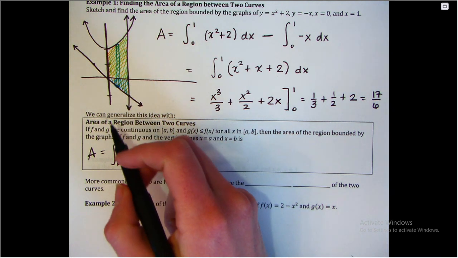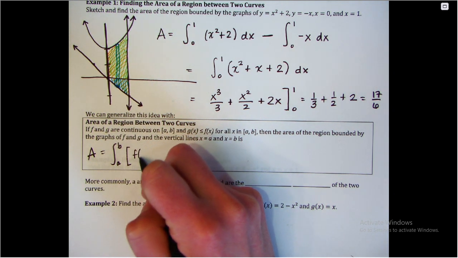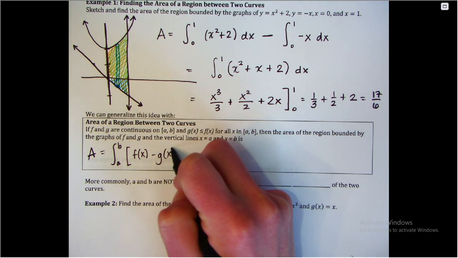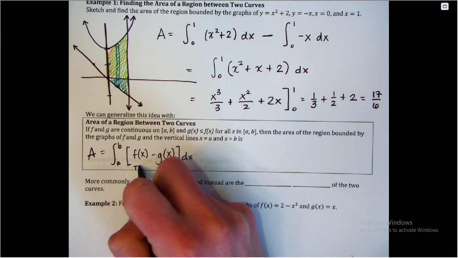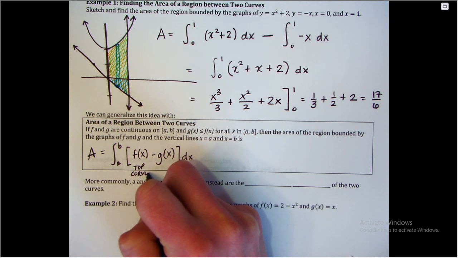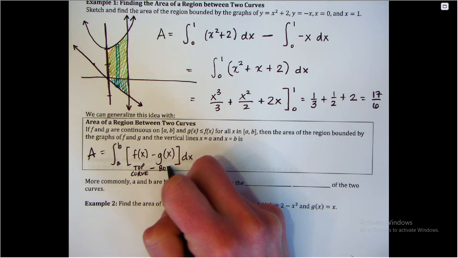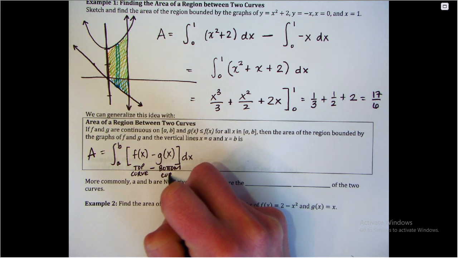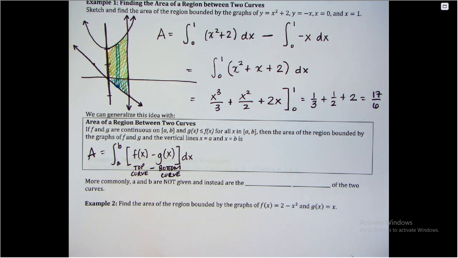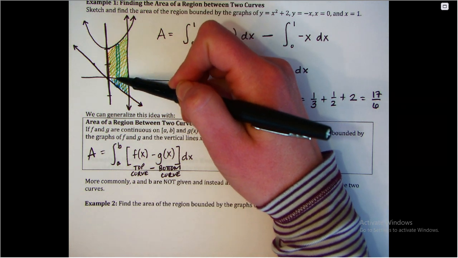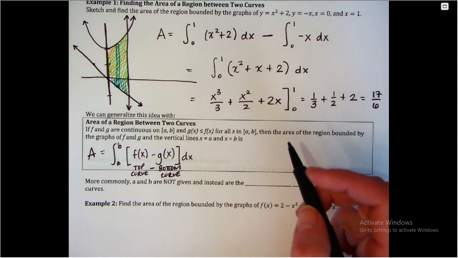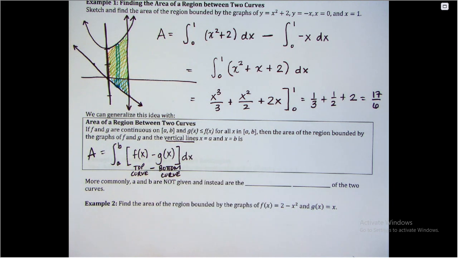And the integral of f of x minus g of x times dx, affectionately referred to as top curve minus the bottom. And this is for any time when you're constructing your rectangles in a vertical manner. So we've got that here where our bounds are x values, x equals a to x equals b.